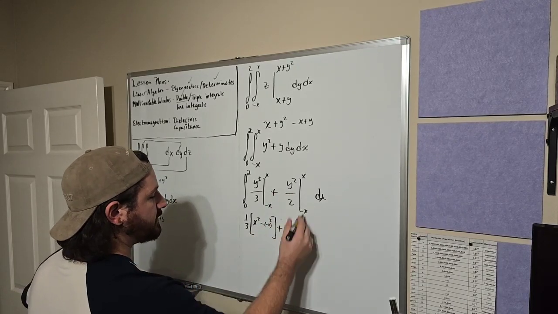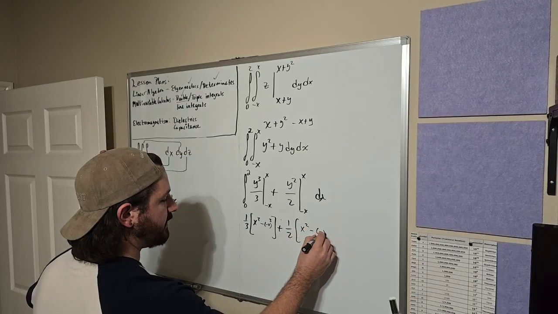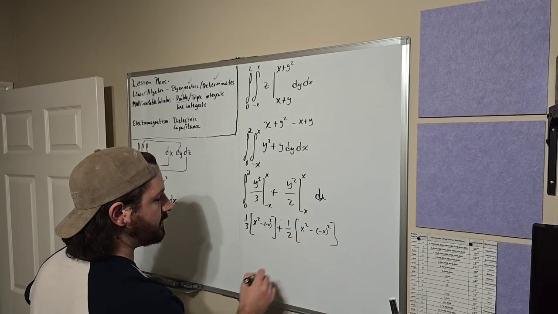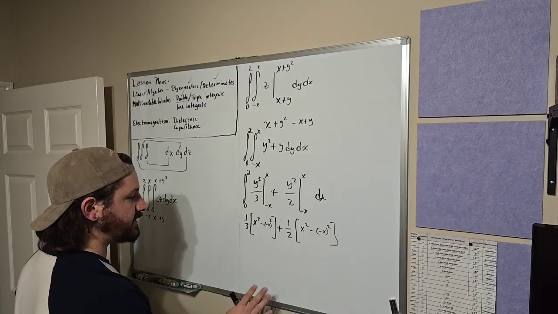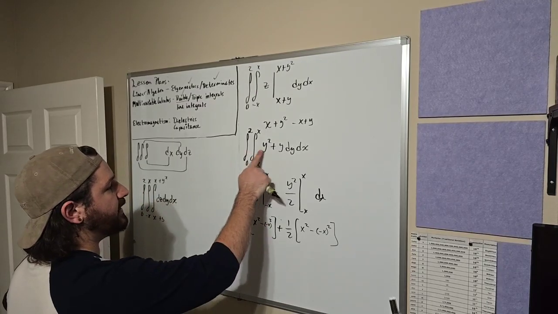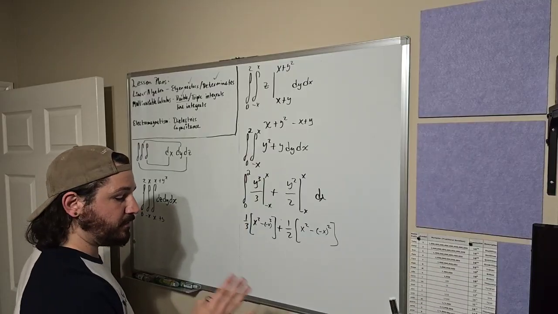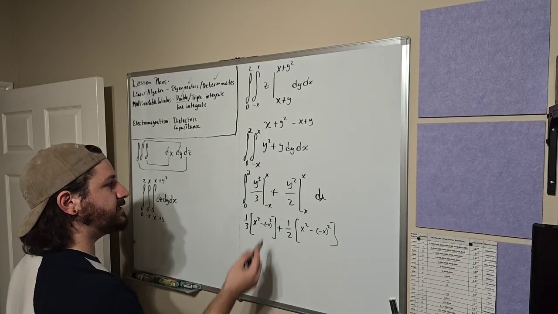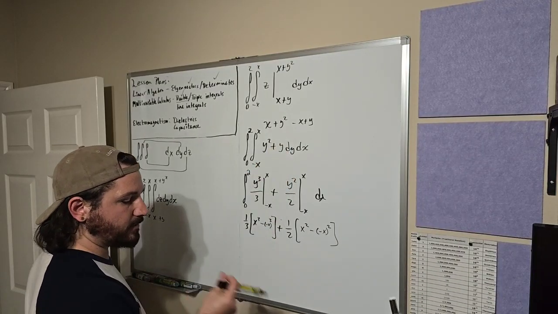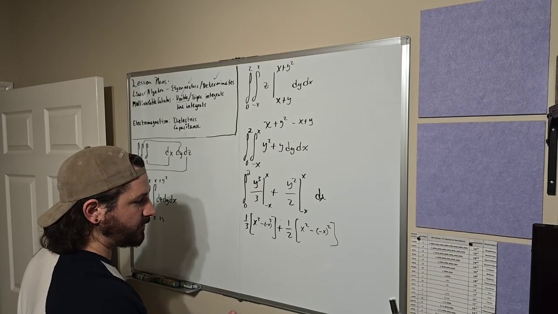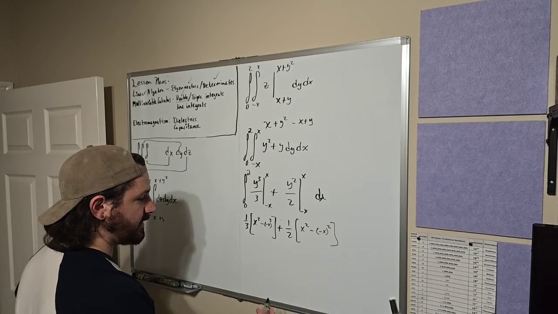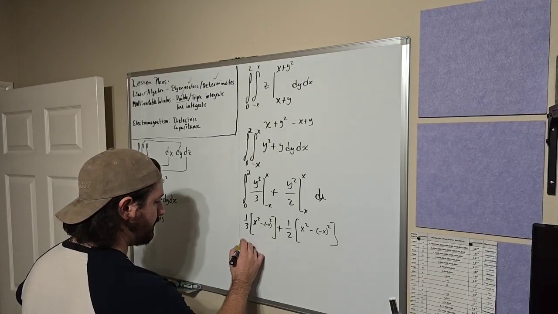Okay, so this is x squared minus negative x squared. Okay, good. So this makes a lot of sense, right? We integrated an odd function over negative and positive same bounds, which if you remember from your calculus 2 days, we could have just said that integral was 0 immediately. But I wanted to work it out so you could see it again, just in case that's not something you're super familiar with. Totally okay.